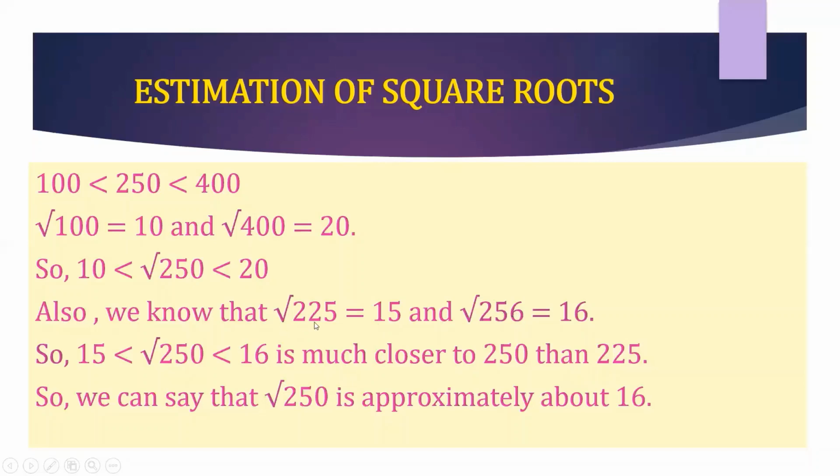Now we know that the square root of 225 is 15 and the square root of 256 is 16. So when we are asked to estimate the square root of 250, obviously it will be greater than 15 and smaller than 16. So we write 15 is less than square root of 250 is less than 16.